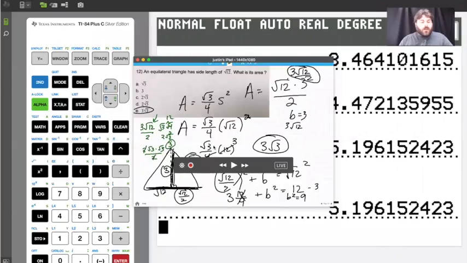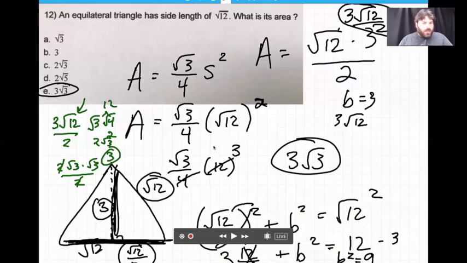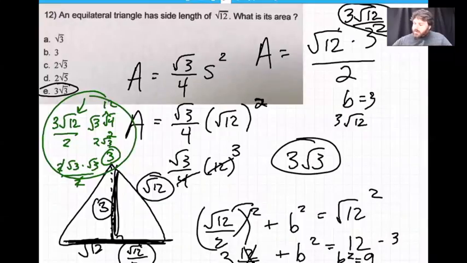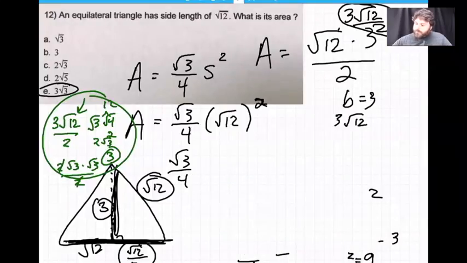But I think the easiest way is just to know the formula and then plug it in. And then if you have to check here, sorry, I think I just messed up this green part. Let me go back to this. I had 3 root 12 over 2. I just want to make sure that if anybody was really following this, this didn't make sense what I did. Root 12 simplifies to be root 3 times root 4.